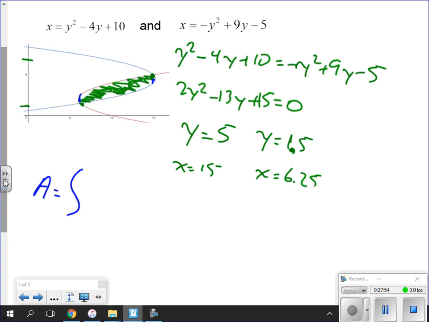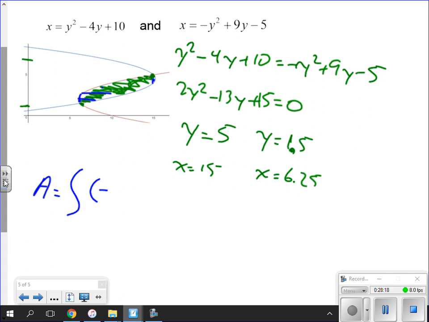So I have to do it in terms of y because that's the only way I have two curves that are separate. If I'm looking at it sideways, which one is the farthest away from the y-axis? Which one's the one on top? It would be the negative y squared, right? The one curving this direction is negative y squared. So that's my top equation.